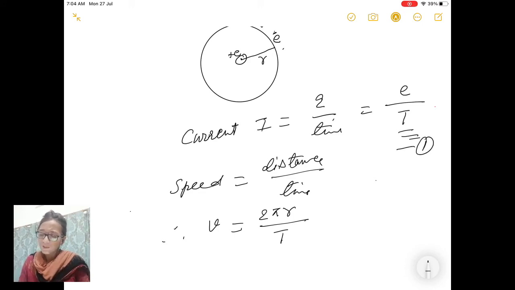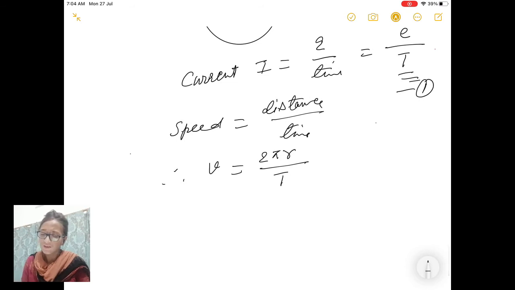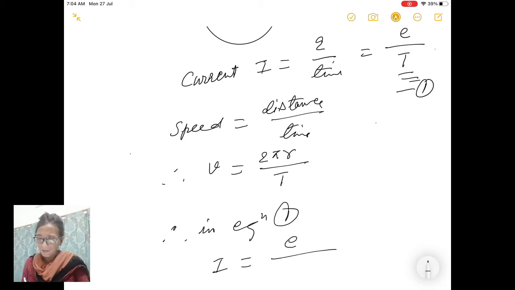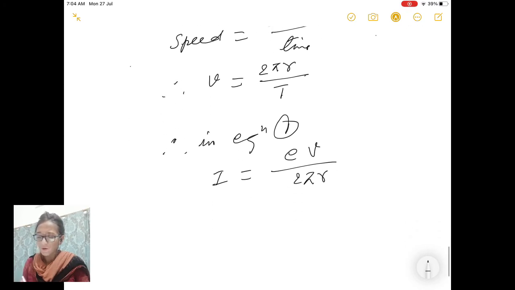So let us put the value of T from this equation in equation 1. Therefore, current I is equal to e upon 2 pi R, and v goes into the numerator: I equals e v by 2 pi r.